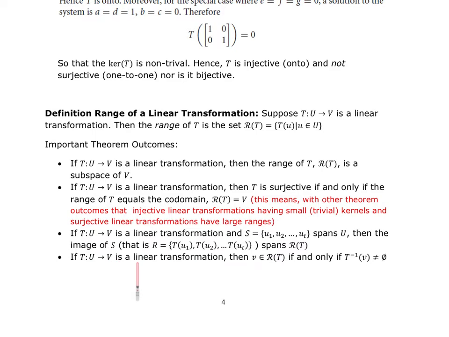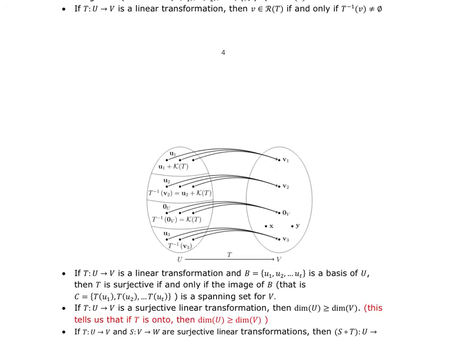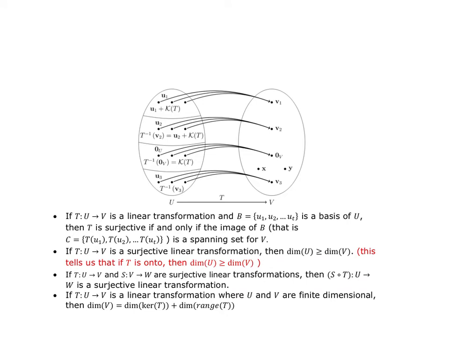Now, if T from U to V is a linear transformation, then V will belong to the range of T if and only if the pre-image of V is not the empty set, so it's the non-empty set, as I should say. As an example, this is what I mean.